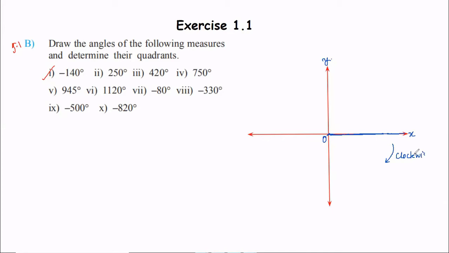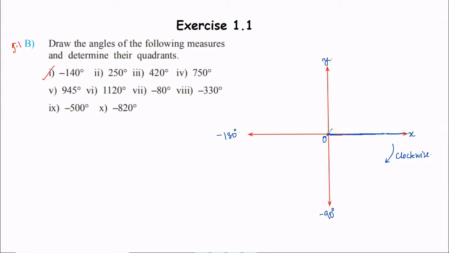Okay. So when we go clockwise, minus 90 comes over here, and minus 180 will be over here. Right. So minus 140 will lie somewhere between both of them. So you can keep your protractor in an inverted way, and then you can plot minus 140 on the graph.